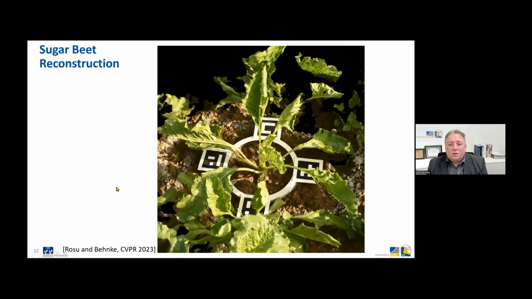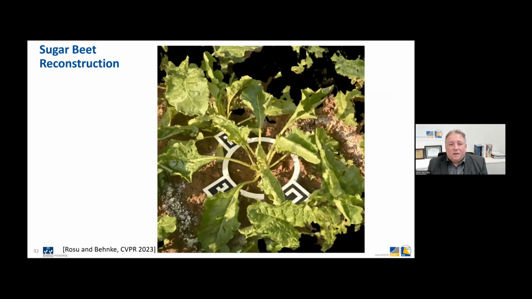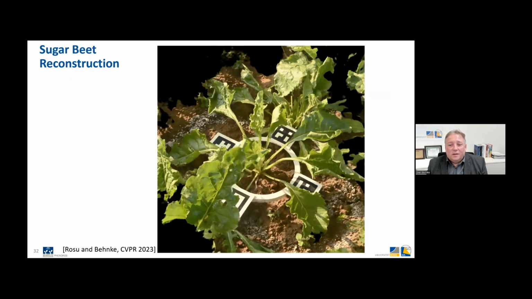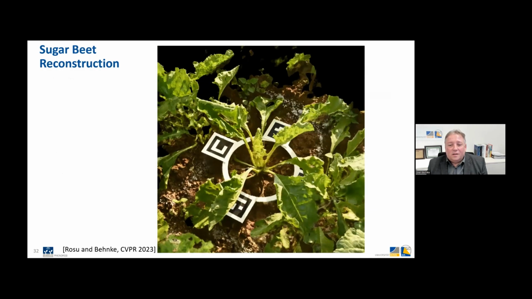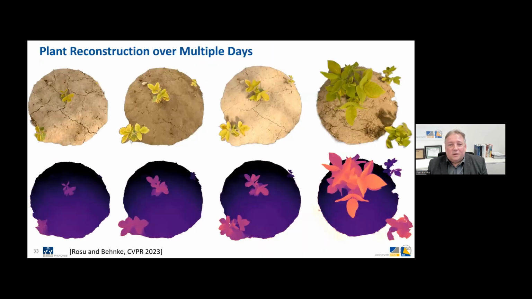It was a bit difficult due to the wet weather, but you see here one reconstruction of a sugar beet plant. And I think that's pretty convincing, both in its geometry and color. We can capture the plants at multiple days and then essentially can watch them grow.